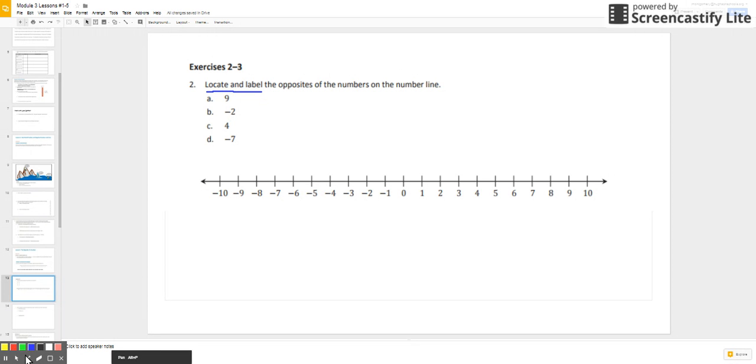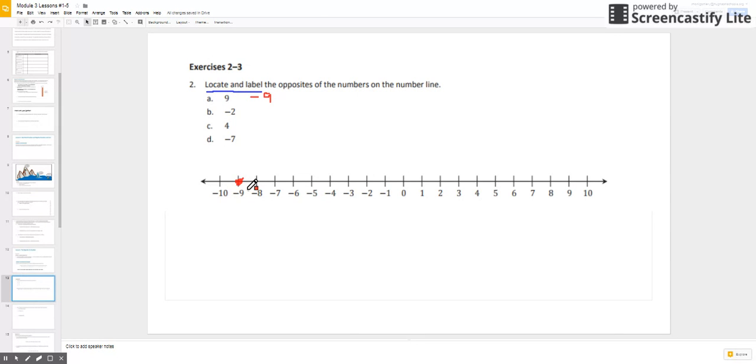They're going to give us a number, and we're going to locate the opposite of it. I'm going to do this in different colors. If we look at 9, the opposite of 9 is negative 9. I'm going to write the opposites right next to it. So negative 9 is right here, because that's the opposite of positive 9.